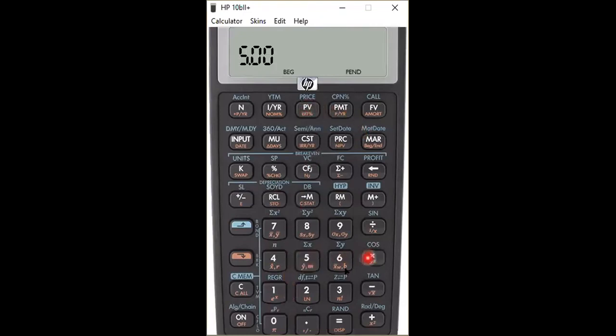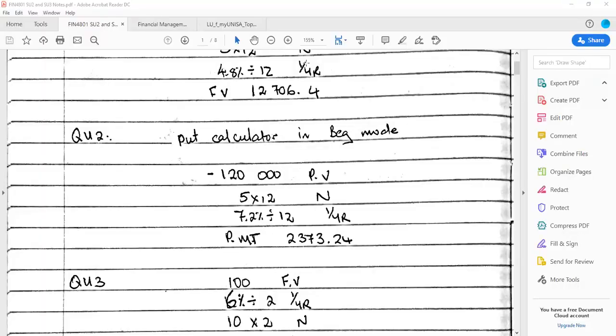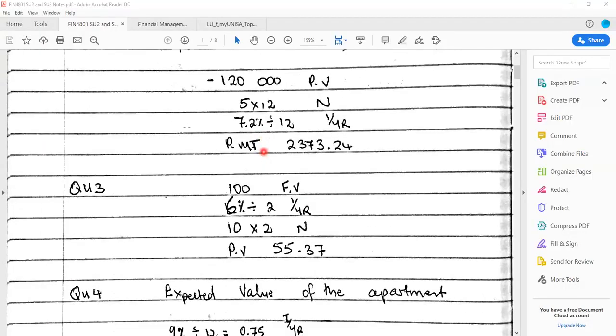Starting with your PV, 5 by 12 would be your N, 7.2 divided by 12 would be your interest, and then your PMT would be 2373.24. And then when you're done, always be sure to put your calculator back into its original mode. So this is just revision, but occasionally questions might pop up where you need to use your calculator.